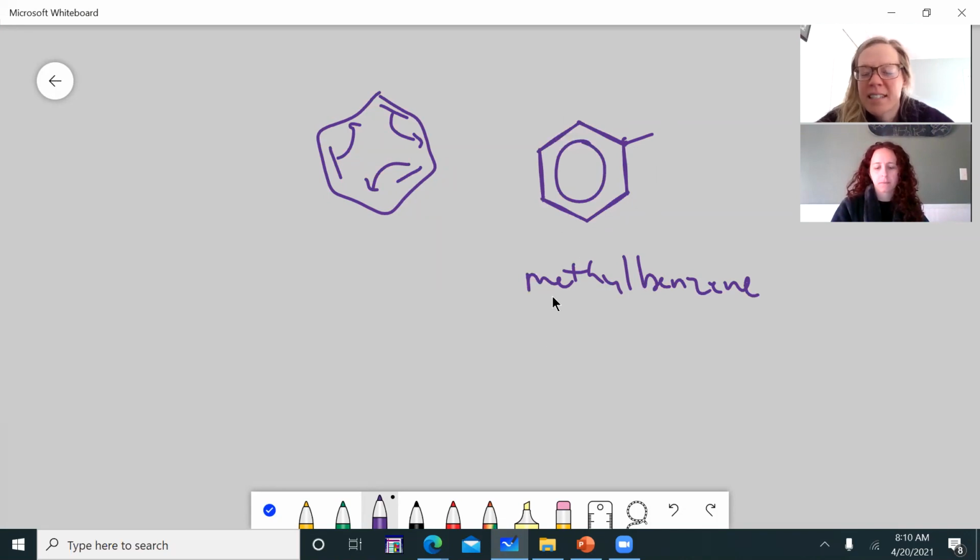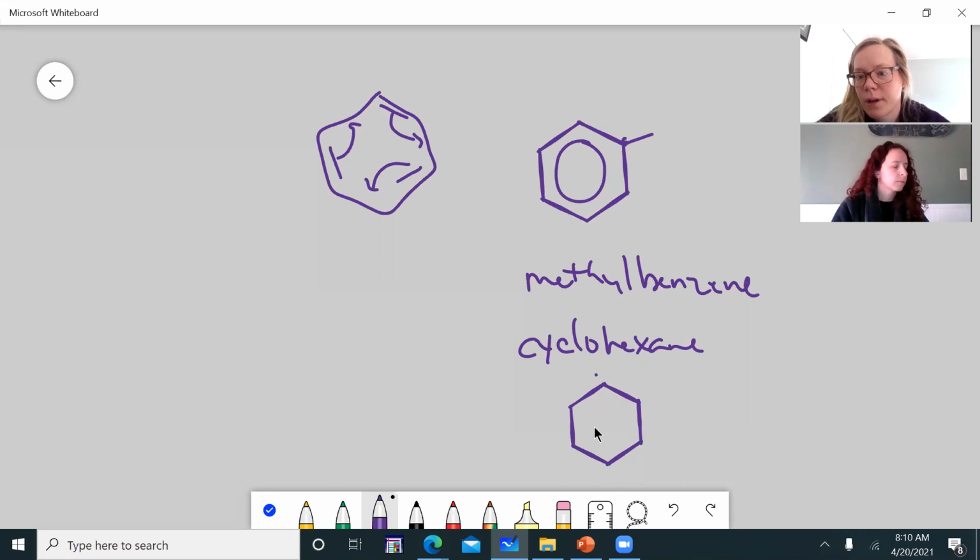Just remember, this is not cyclohexane. Cyclohexane has a similar shape in that it's 6 carbons, but it doesn't have the oscillating double bond in the center, okay?